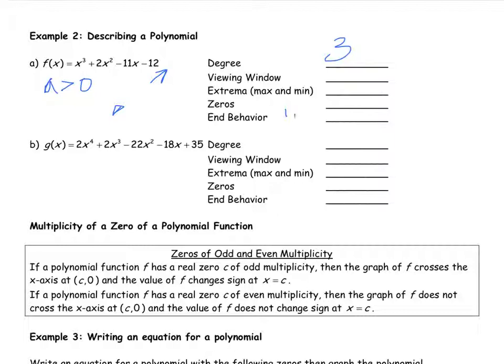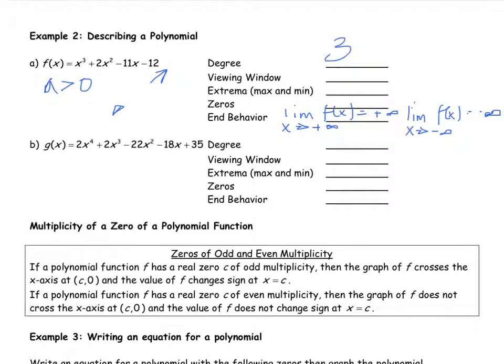So the limit as x approaches positive infinity, f of x is going up. And the limit as x goes to negative infinity, f of x goes down.